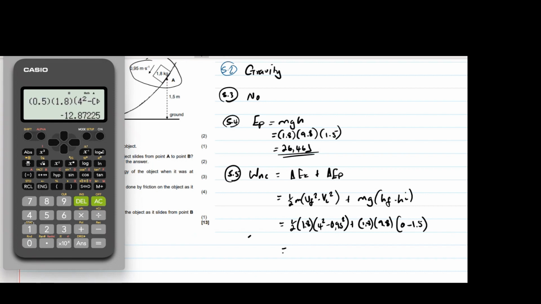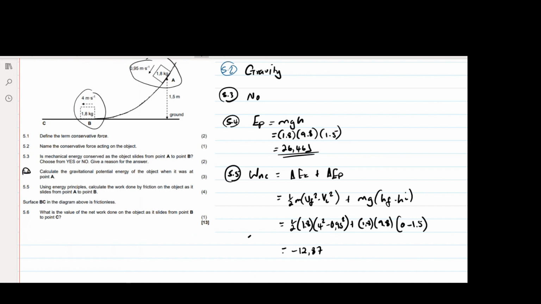Our answer is minus 12.87. This is the work done by the frictional force.